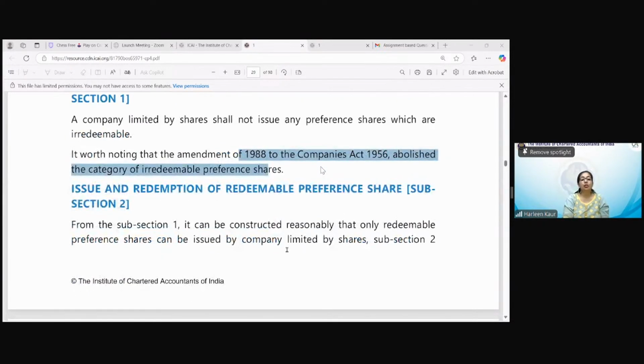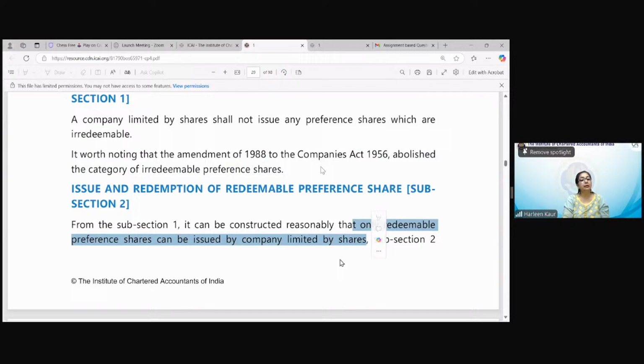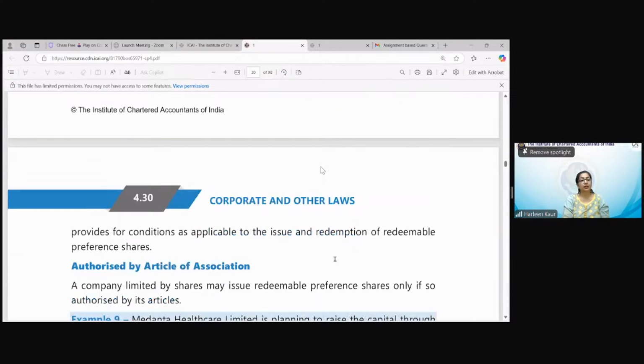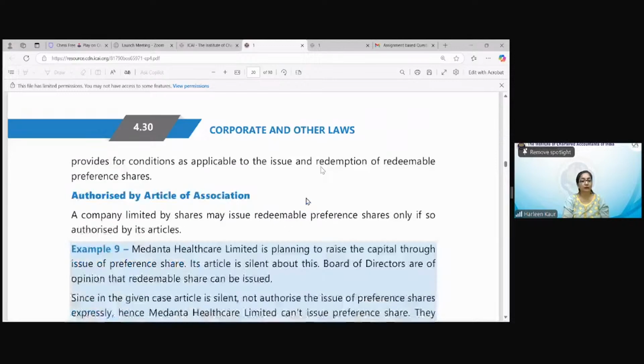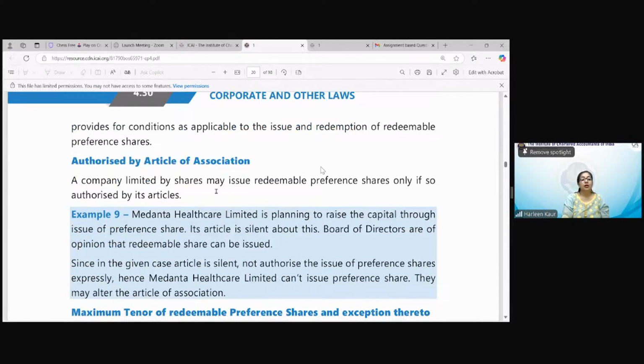Now let's talk about issuing and redeeming the preference shares. Only the redeemable preference shares can be issued by a company limited by shares. There are certain conditions that need to be complied with. First of all, the articles shall authorize that yes, you can issue redeemable preference shares.